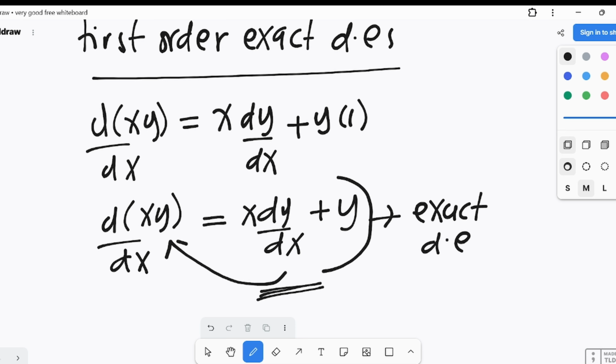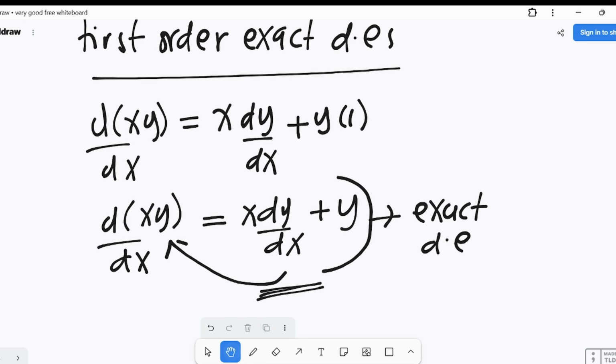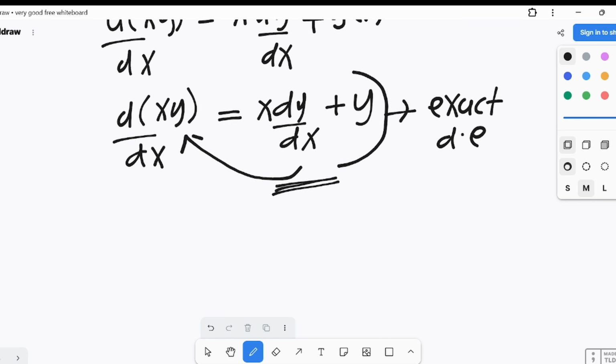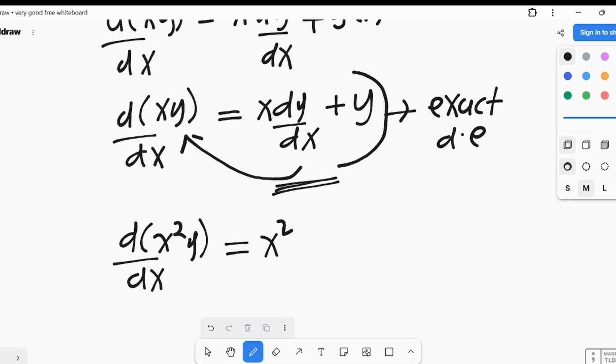So we can use another example before we go to calculating those exact DEs. Say you were told to differentiate something like x square y. You keep x square constant, differentiate y, you get dy by dx, plus, remember the product rule, keeping y constant and differentiating x, you get 2x.